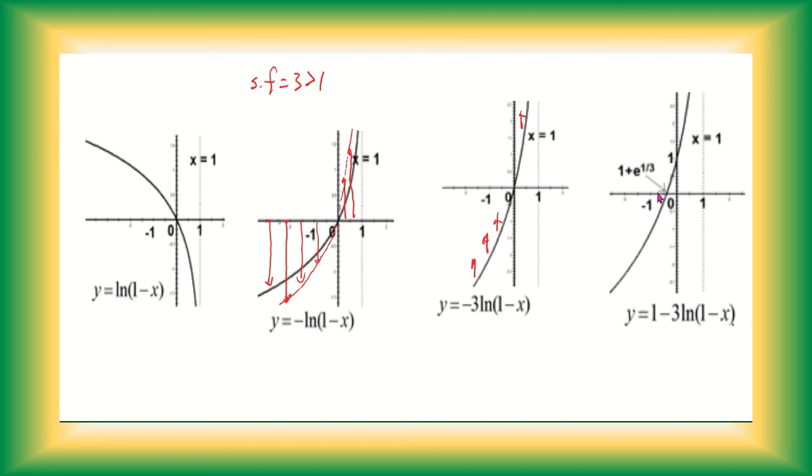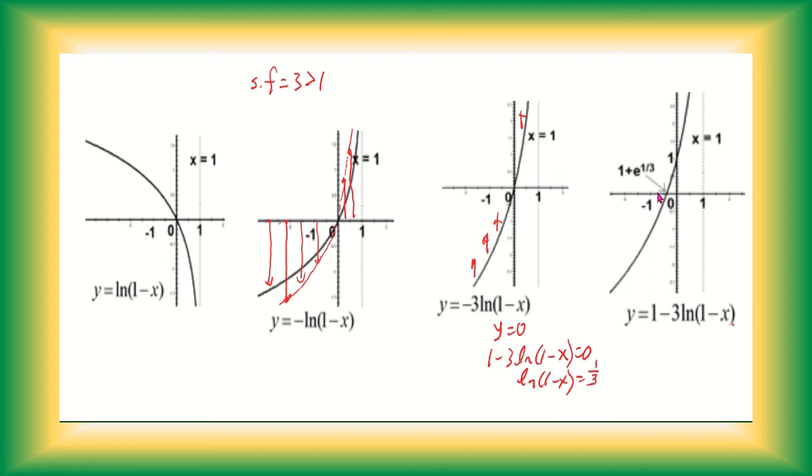In order to find the x-intercept, y is equal to 0, so we substitute into the equation and make it equal to 0. Then ln is equal to 1 over 3.